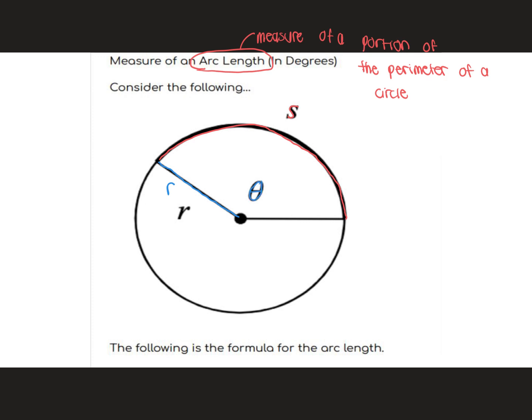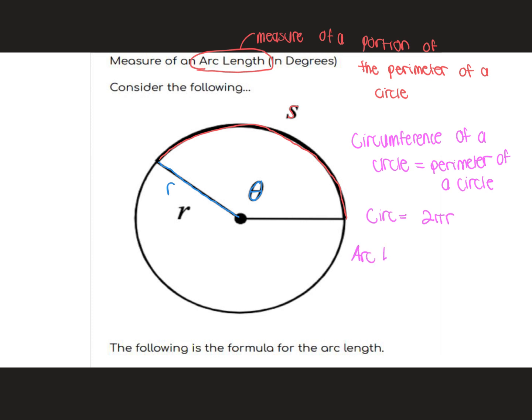The way I like to think about this is the circumference of a circle is the perimeter of a circle, and the formula for that is 2 pi r. So the circumference formula is 2 pi r.